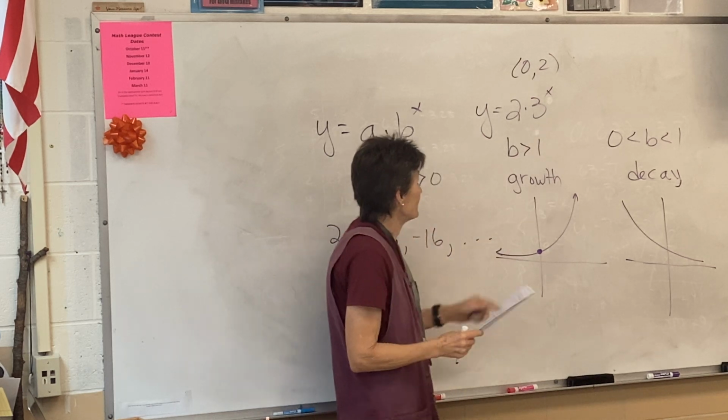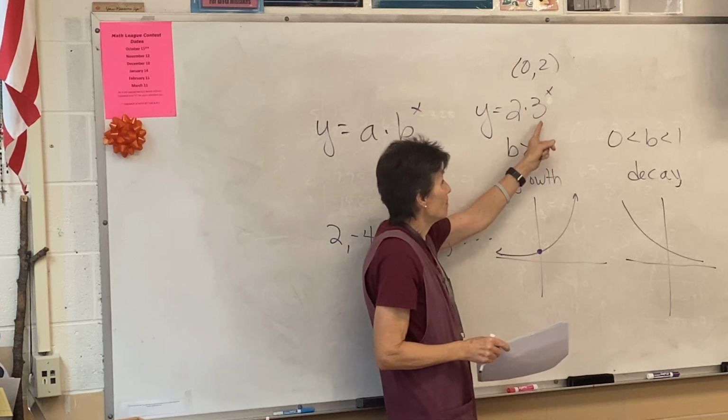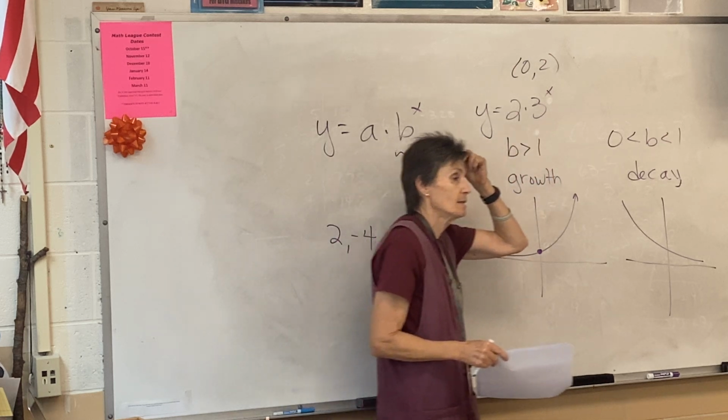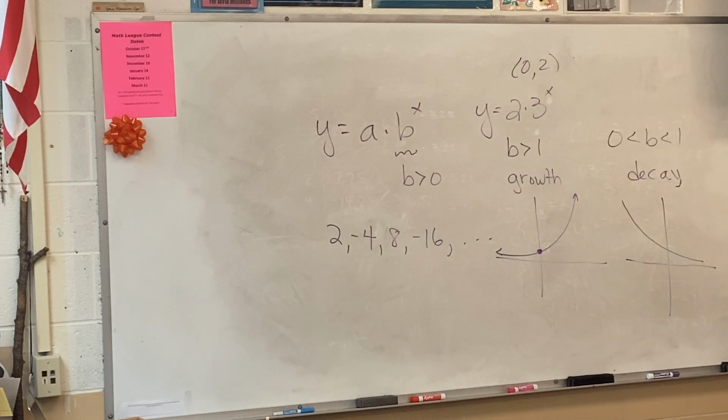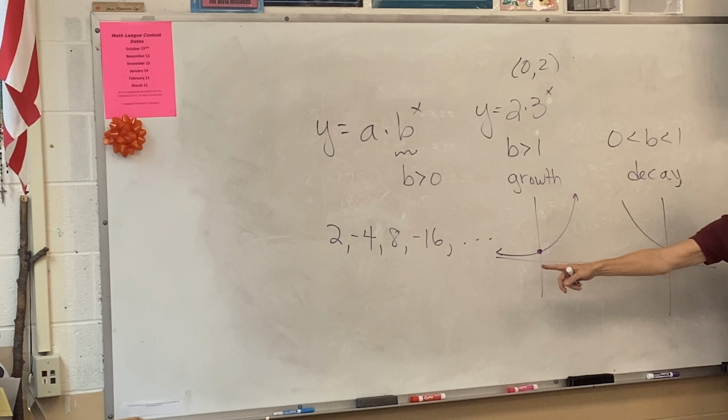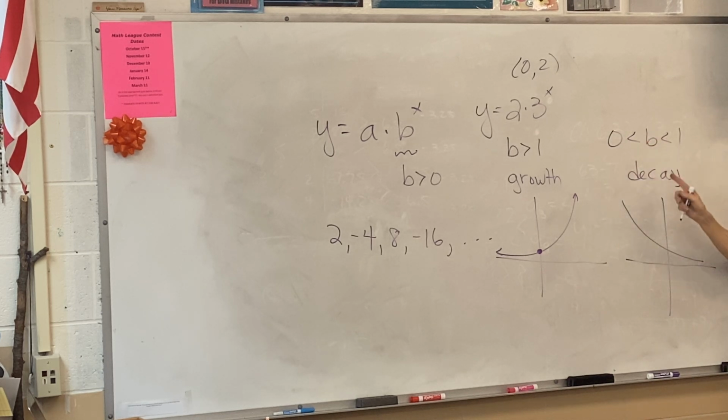B, in the function, represents the common base that would be present in a geometric progression. It is the ratio in the geometric progression. It's called the common base. Exponential functions, because of the way they look, are always either increasing or decreasing, always.